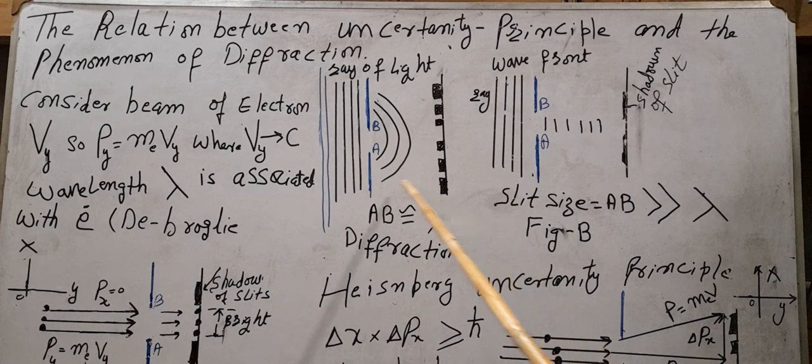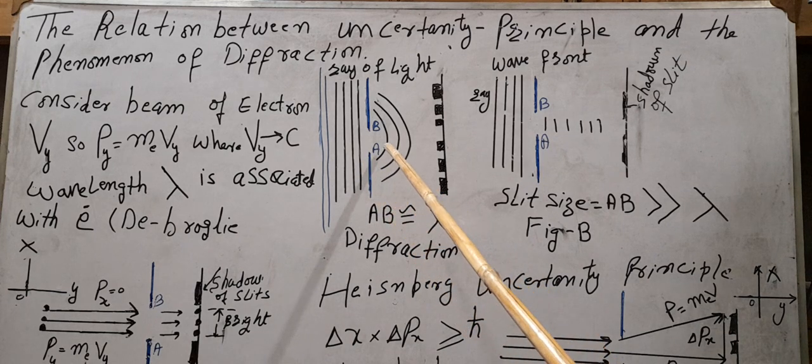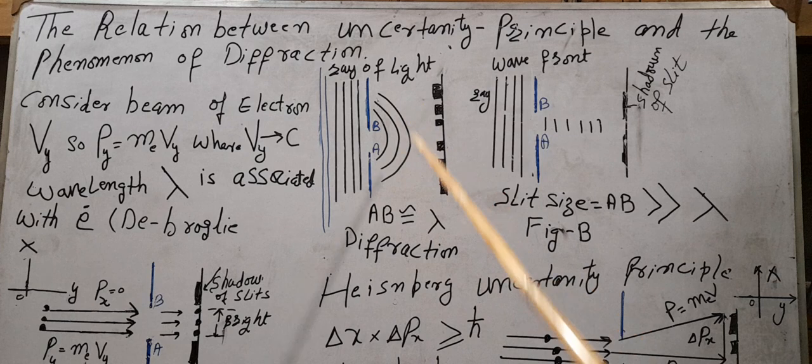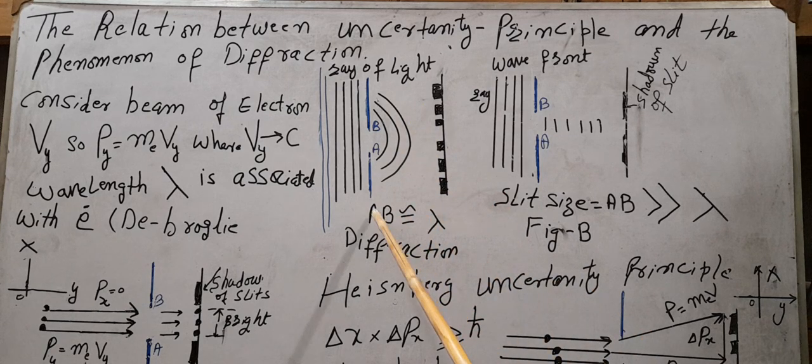In this second case, the size of the slit AB is approaching the wavelength of the light which is being used, and lambda is the wavelength of the light.